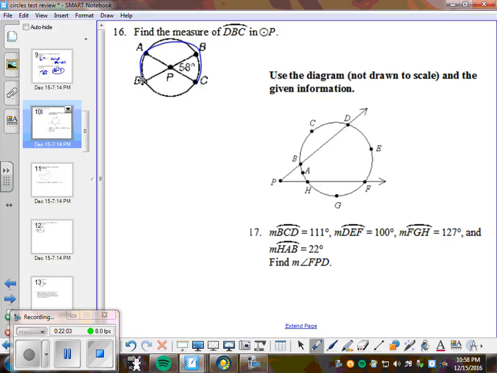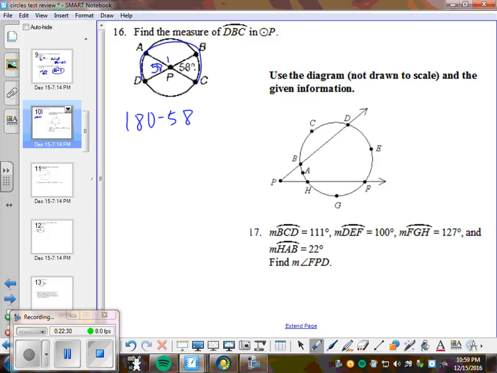Now we know that arc, this is 58. And these are vertical angles, so it'd be 58. And what adds up beside a 58? If you do 180 minus 58, you get 122.